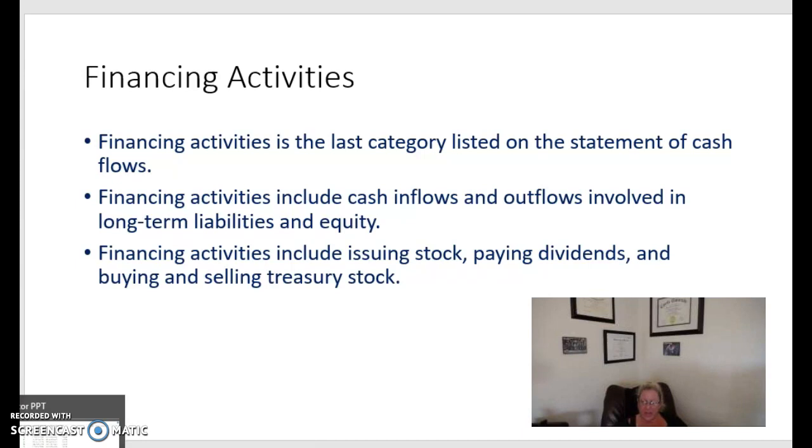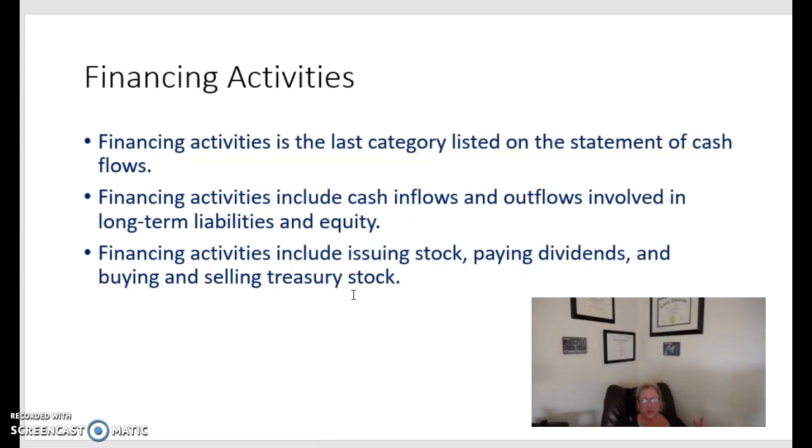We are financing that equipment with a loan. That's how I want you to think about it. It also includes activities like issuing stock, paying dividends, and buying and selling treasury stock. So when we first start a business and we issue stock and we receive cash for that, we are financing that business by issuing the stock. So just remember that.